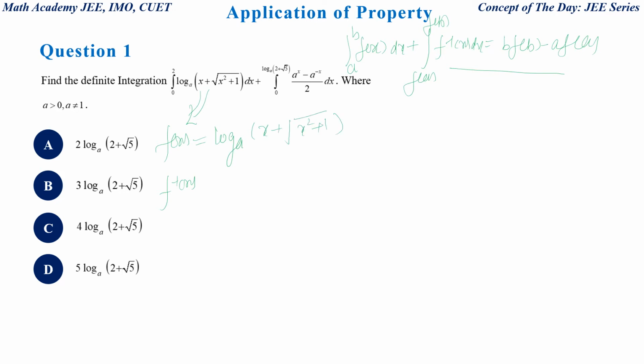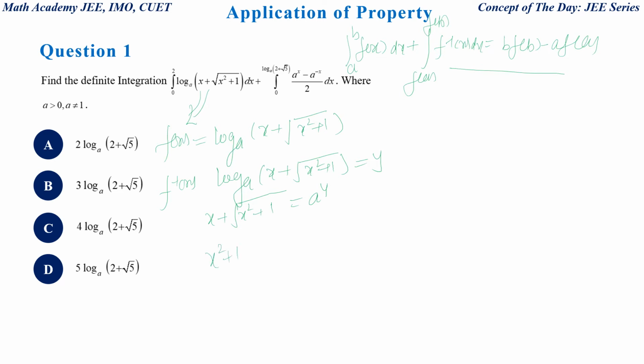We need to find the inverse of this function. The process is simple. To find the inverse, let's assume log base a of x plus under root x squared plus 1 is y. Take the antilog, that will be x plus under root x squared plus 1 is equal to a to the power y. Let's transfer x to the right hand side.